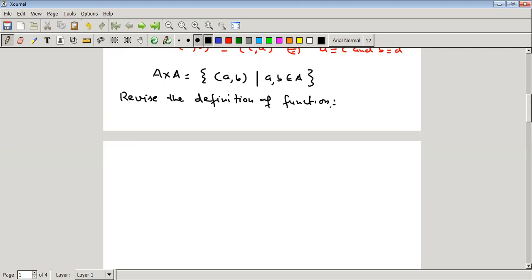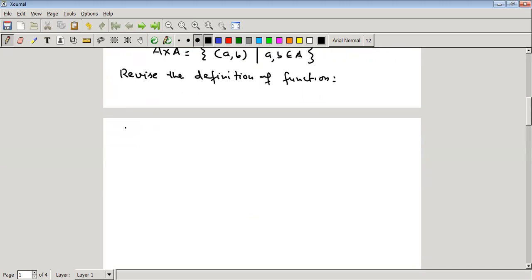So quickly, let us discuss what a function is. Let A and B be two non-empty sets, and f is a mapping that associates every element of A to a unique element of B. So every element of A has a unique image in B. In this way we define a function.